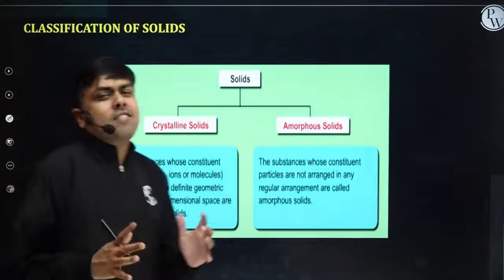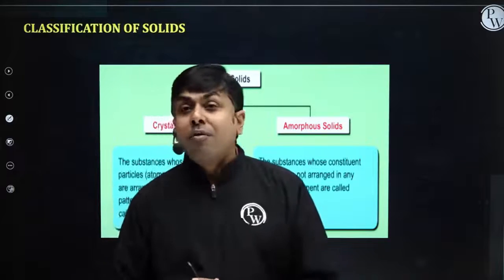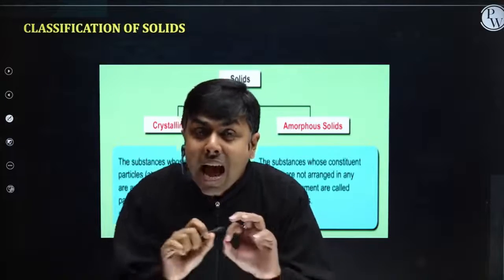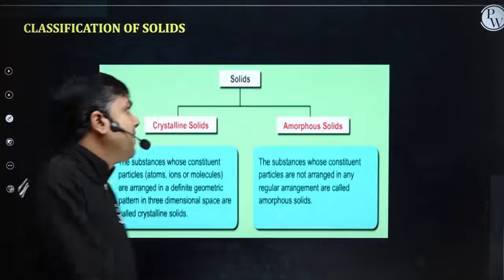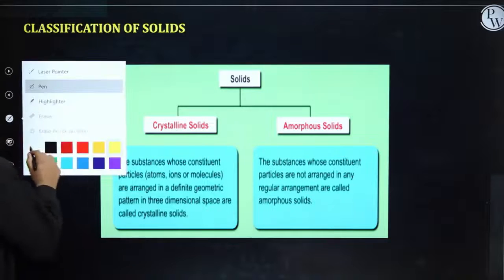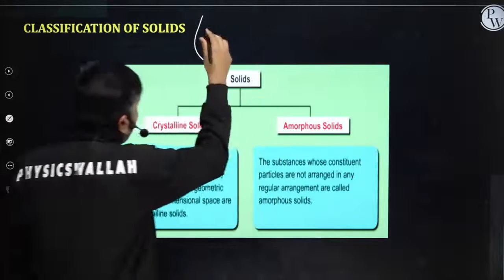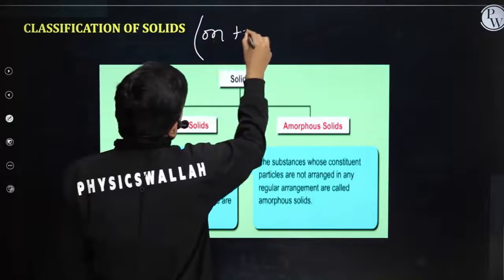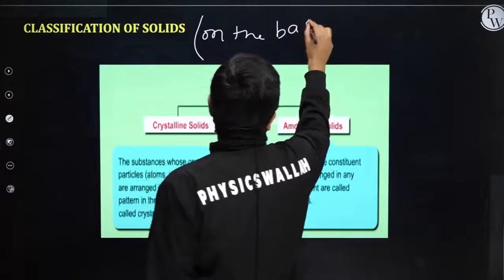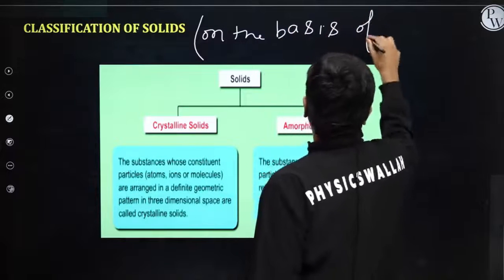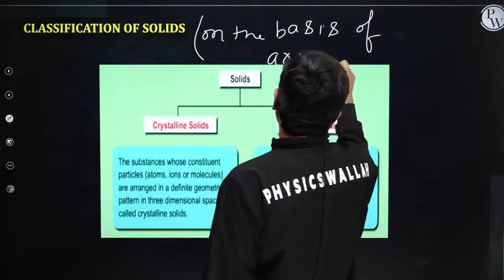Students, now let's discuss the classification of solids based on the arrangement of constituent particles, that is constituent atoms, ions or molecules. So classification of solids on the basis of arrangement.